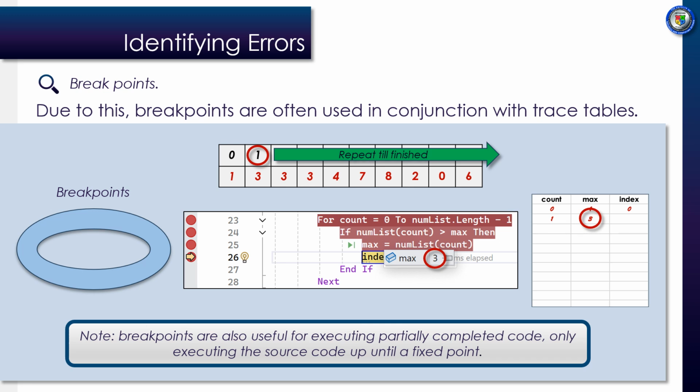Just a special note that breakpoints are also really useful when executing partially completed code, because we can put a breakpoint in and then we will only execute the source code up until that point.